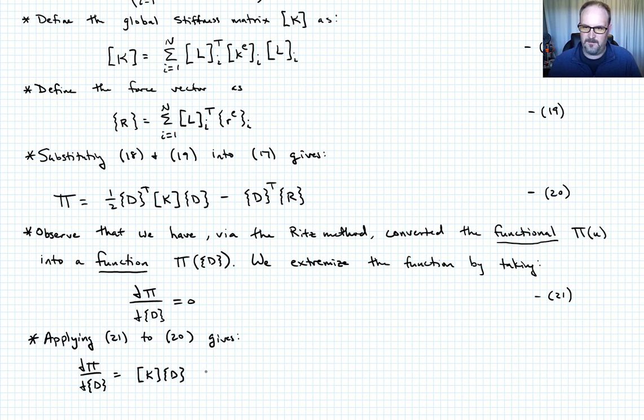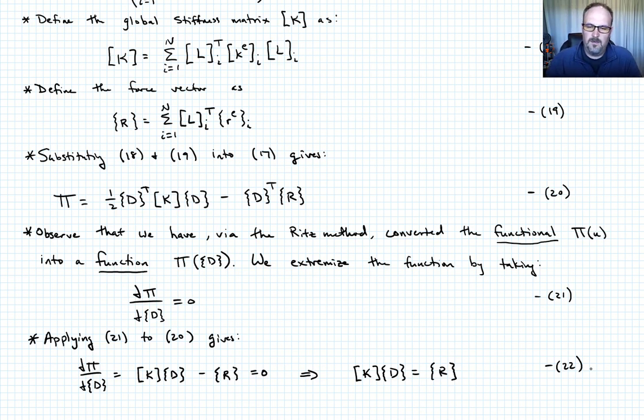And then the second term becomes just minus r. And that's going to be equal to 0, right, which we can rearrange such that we have k times d equals r. Let's call that equation 22.